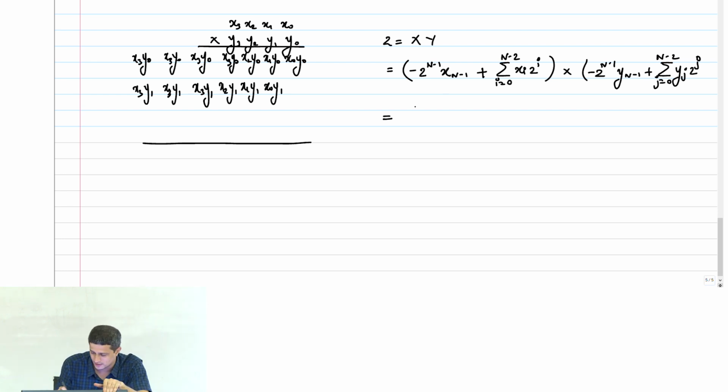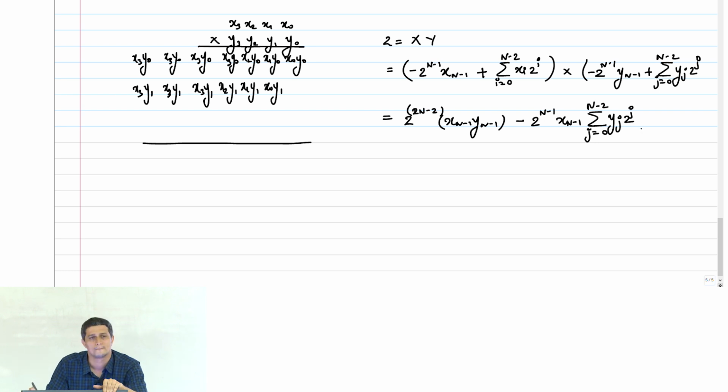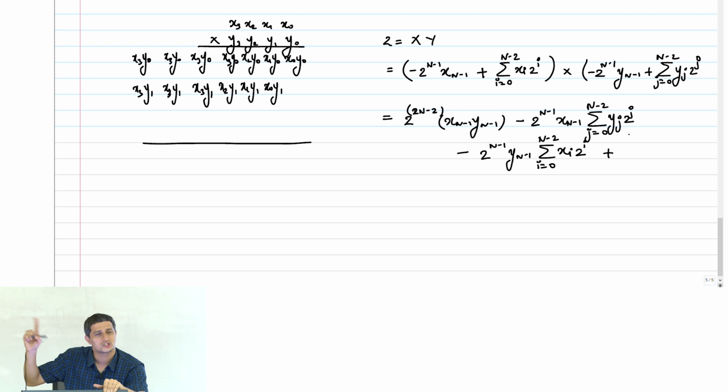So the first term, minus 2^(n-1) into minus 2^(n-1), you will get 2^(2n-2) x_(n-1) y_(n-1). Then minus 2^(n-1) x_(n-1) summation j equals 0 to n-2 y_j 2^j. Then the third term, minus 2^(n-1) y_(n-1) summation i equal to 0 to n-2 x_i 2^i, plus the positive term multiplication, which is summation x_i 2^i summation y_j 2^j.